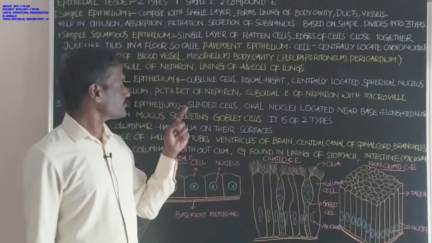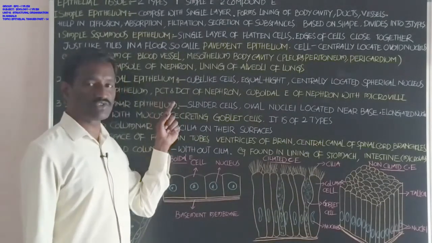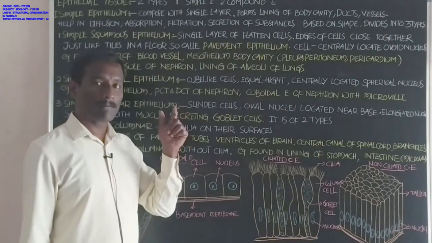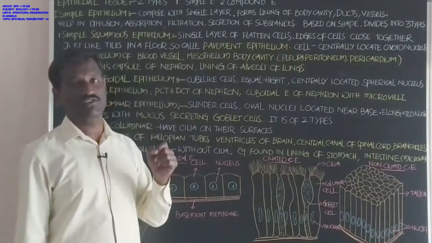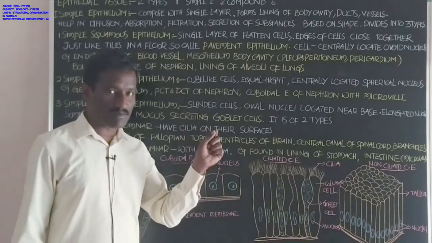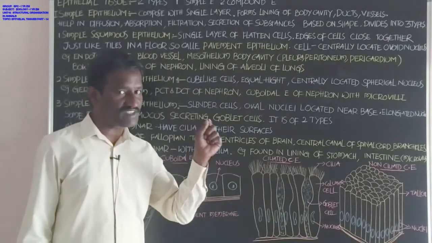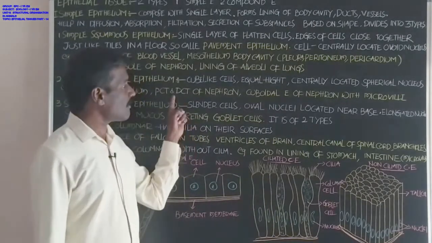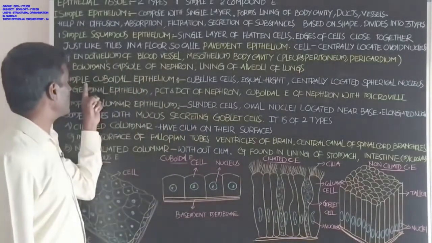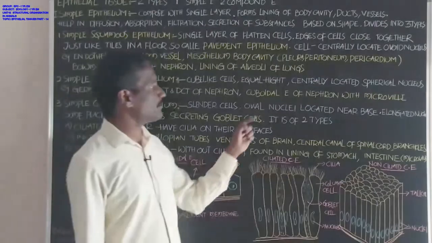One is the proximal convoluted tubule, another is the loop of Henle, and the third is the distal convoluted tubule. The proximal convoluted tubule (PCT) and distal convoluted tubule (DCT) of the nephron are lined with simple cuboidal epithelium.